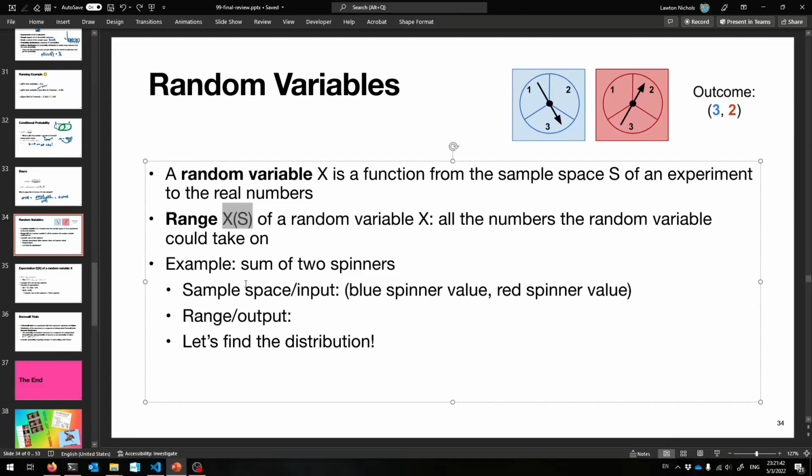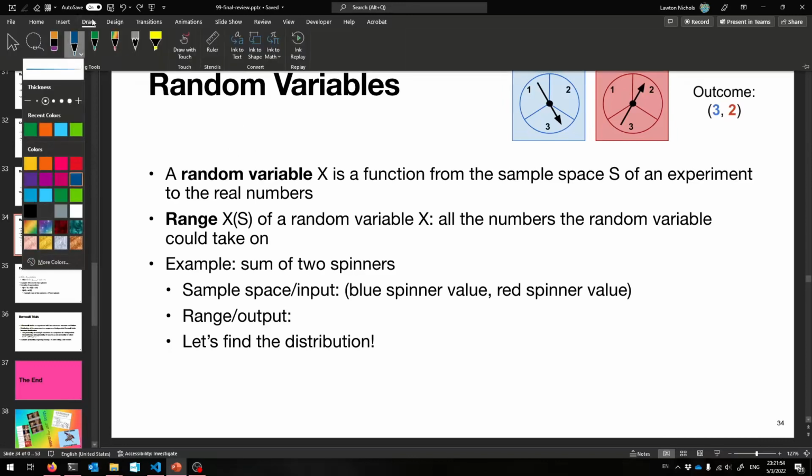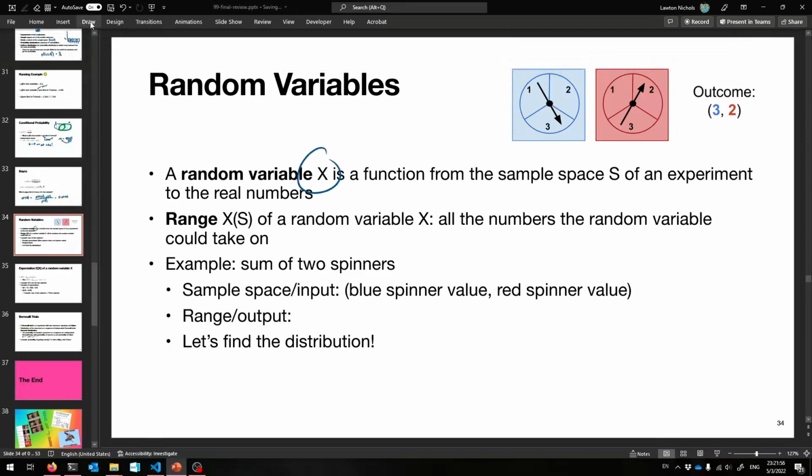And so the standard example that your book has is the sum of two spinners. So we spin them. What are the outcomes that we have happen? So just in general, a random variable is supposed to be something that takes on all the different possible values, but it's randomly.